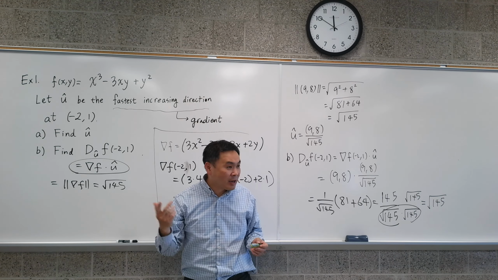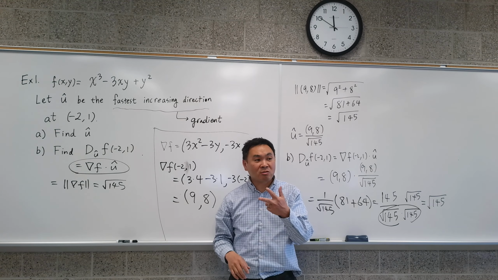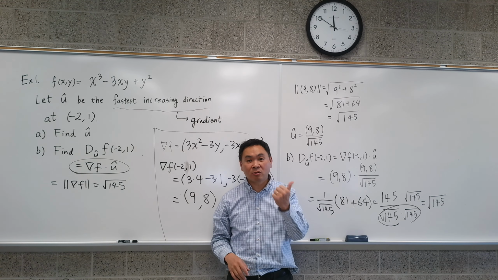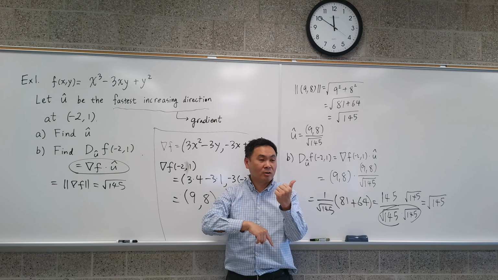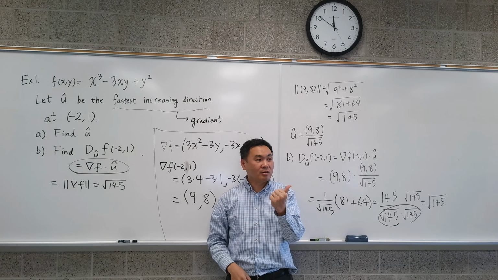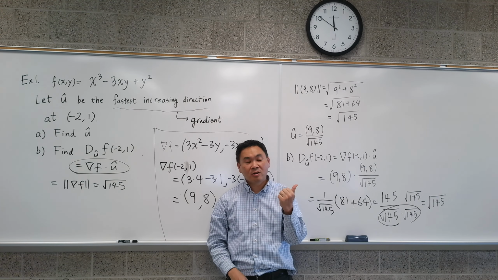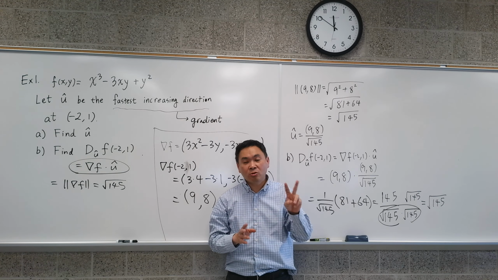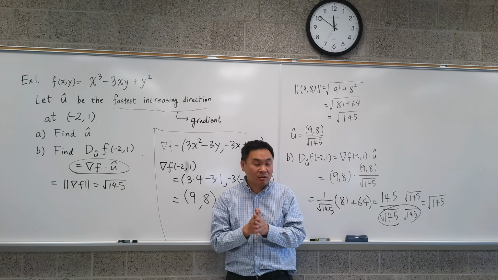So last time I spoke about the gradient. What are the three important properties of gradients? First, it is perpendicular to level curves, or in 3D, level surfaces, right? Second, it points to the fastest increasing direction. Those two tell you the direction of the gradient.